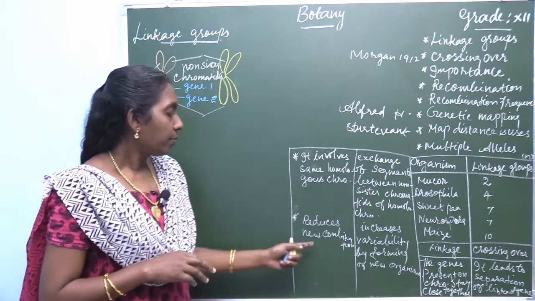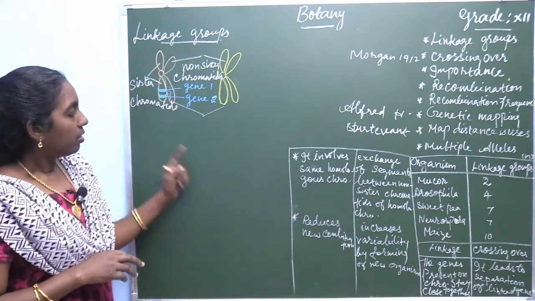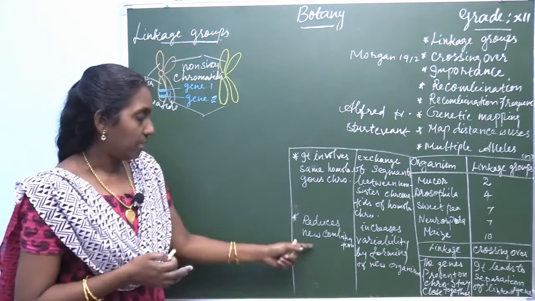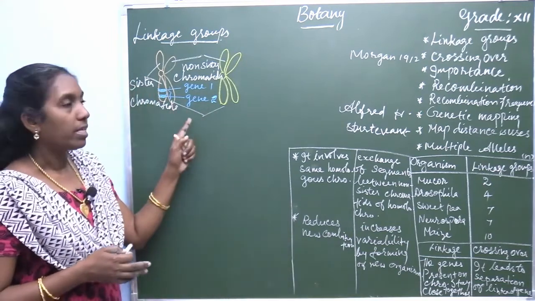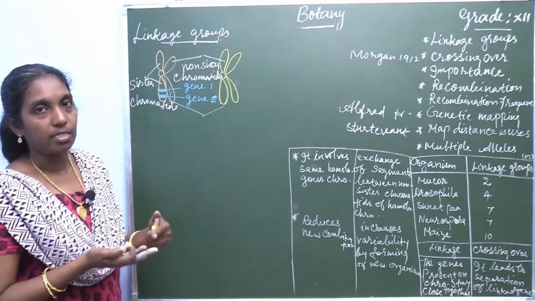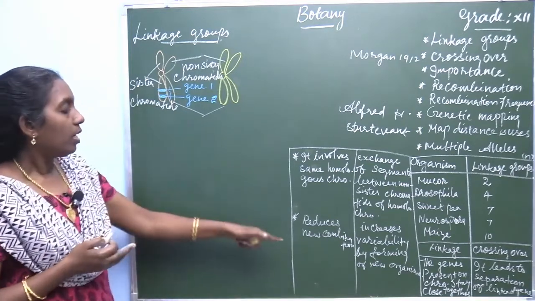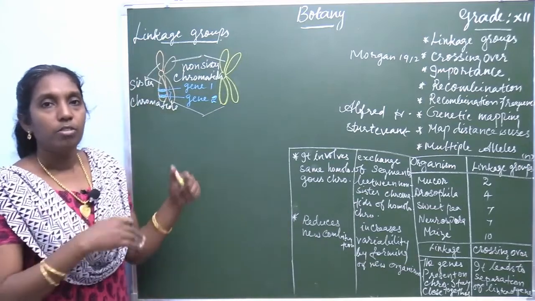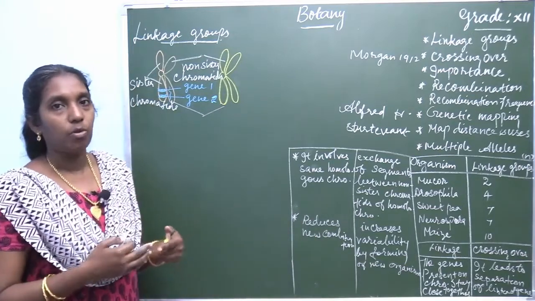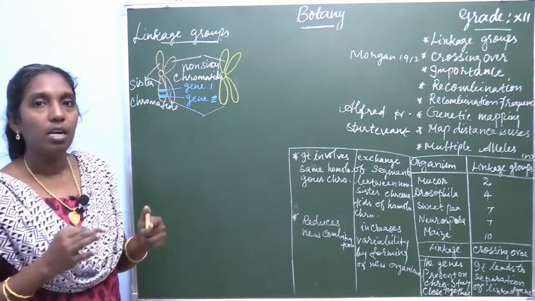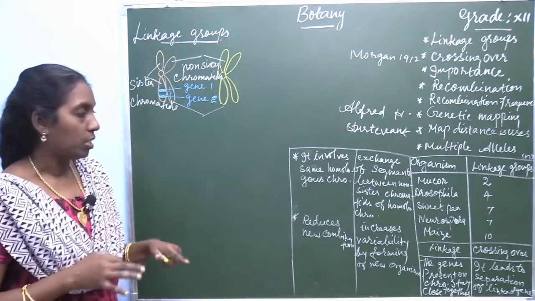Third difference: in linkage, it reduces new combinations, because the genes do not separate, so there is no new combination different from the parental one. The genes are inherited together as they are in the homologous pair.